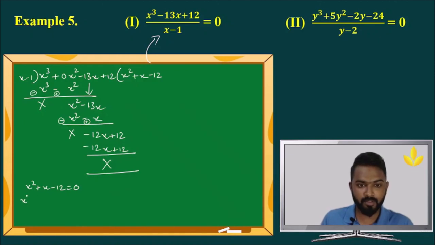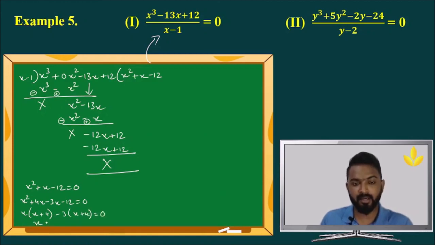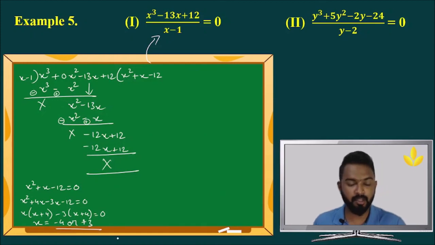So we have x square plus 4x minus 3x minus 12 equals 0, because 4 minus 3 is 1 and 4 into minus 3 is minus 12. So we have x common, we have x plus 4, minus 3 common, we have x plus 4 equals 0. So x is equal to either minus 4 or plus 3. These are the values of x.